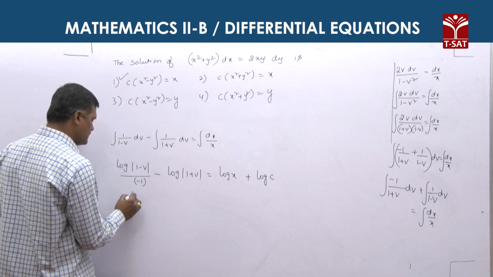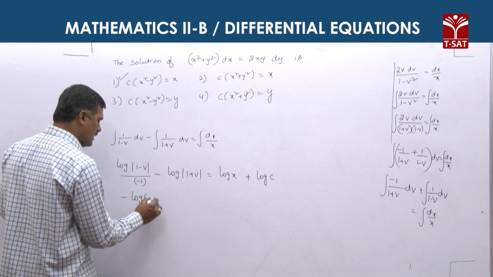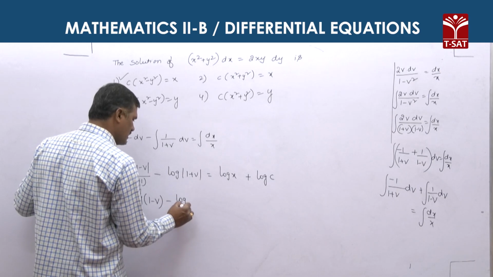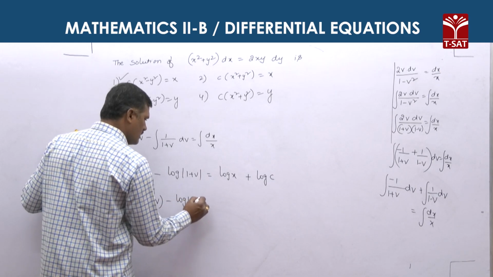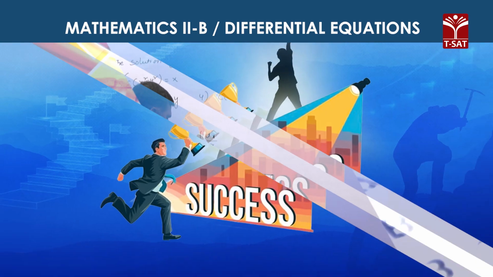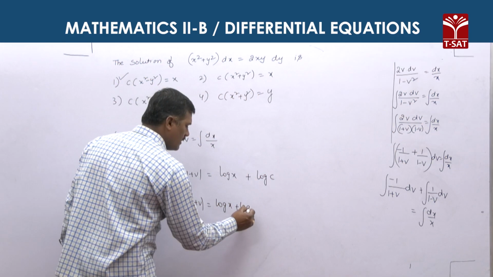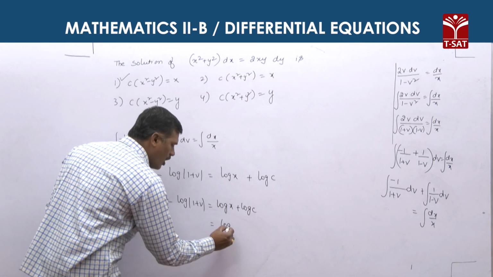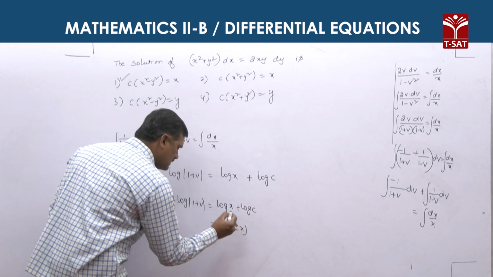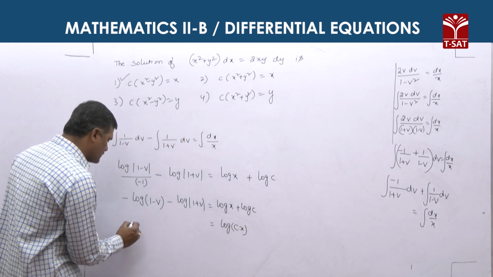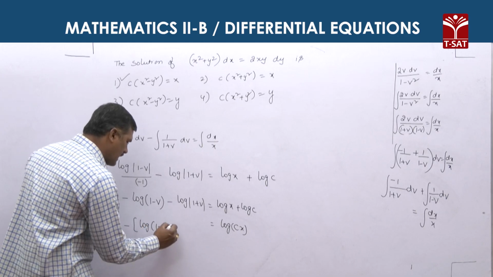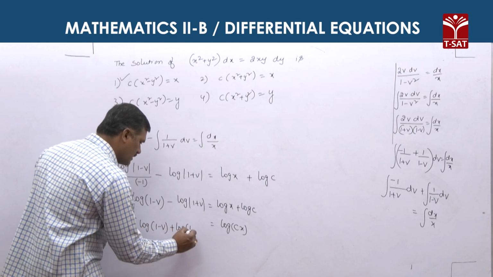So minus log of 1 minus v minus log of 1 plus v is equal to log x plus log c. Log a plus log b, you can write as log ab. On the left side, you can take a negative sign common: log 1 minus v plus log 1 plus v.